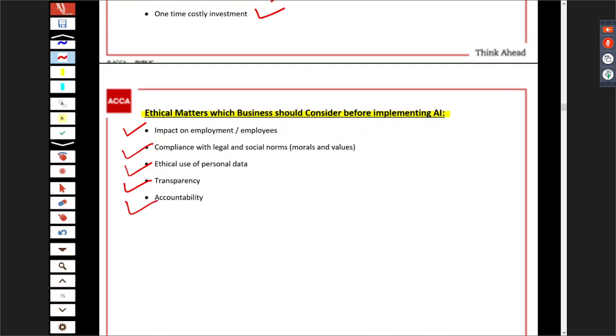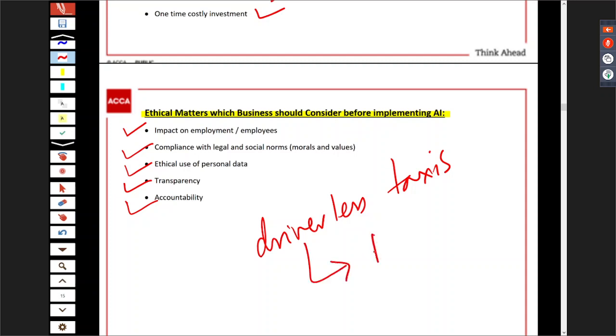Accountability, that's very important. Like the other day I mentioned, if it is a driverless car, you know that, right? There are driverless taxis now. These are all automated taxis with no driver. If they go and hit a young child of 3 years old and the child dies, who's gonna be accountable?